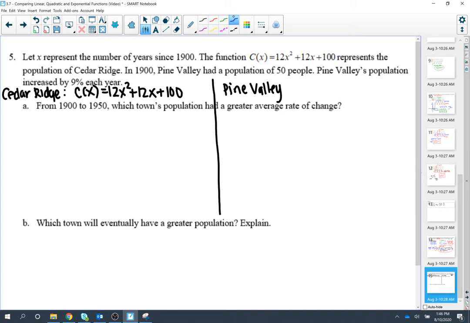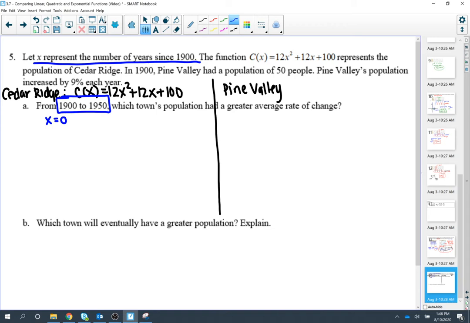In my function, x represents the number of years since 1900, and I want to know from 1900 to 1950. So if I'm starting in 1900 and I'm dealing with the years since 1900, well, 1900 to 1900, x equals 0.